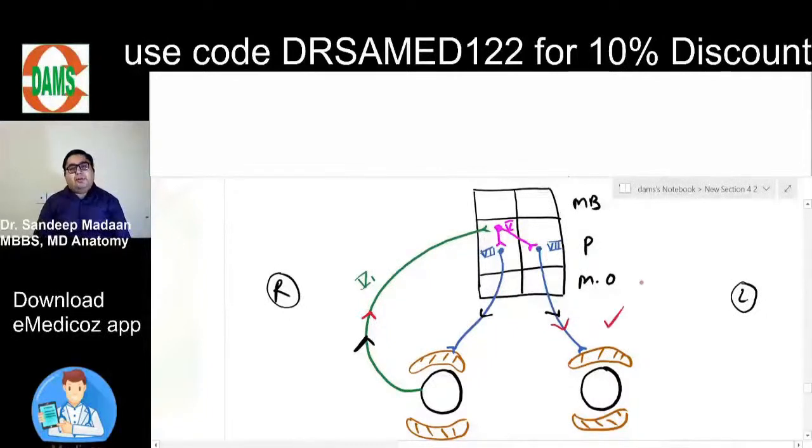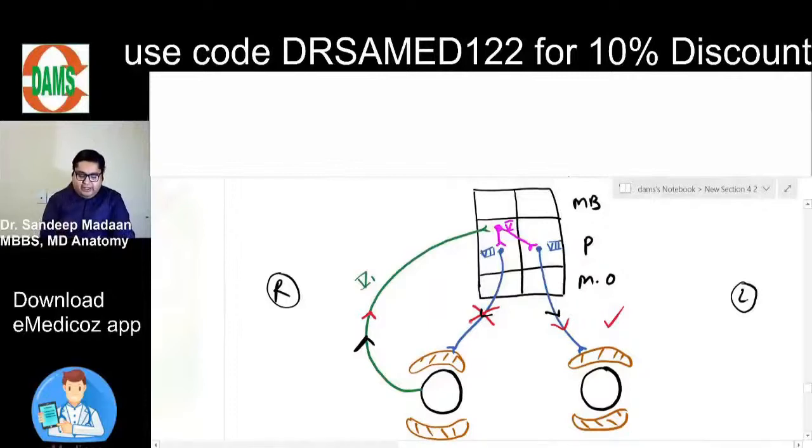So there is no problem on this side. But there must be a lesion here, so that the efferent part on the right side is affected. So what is our answer? Very good. Answer to this question is right facial.